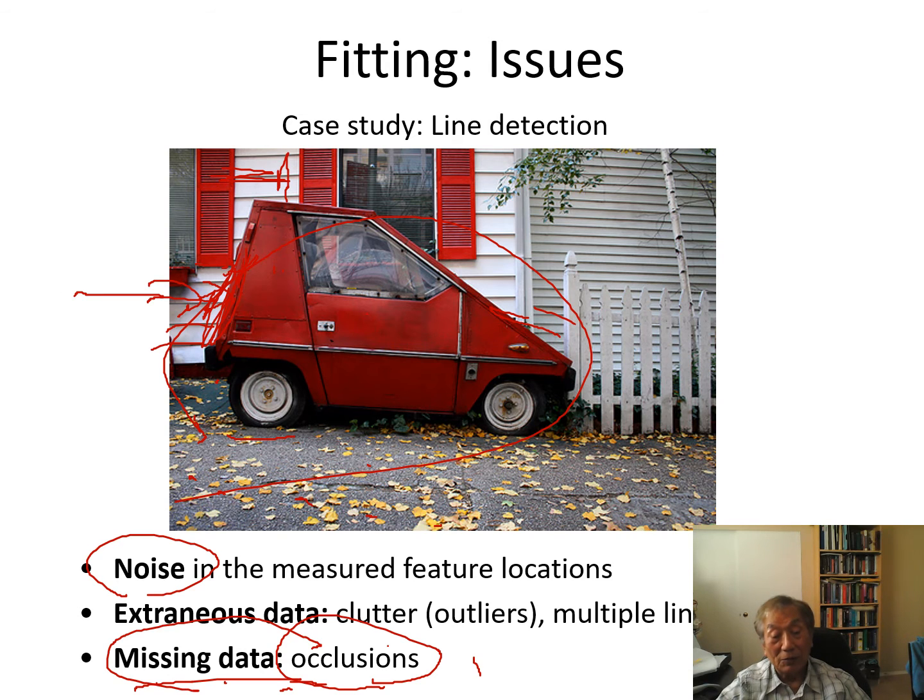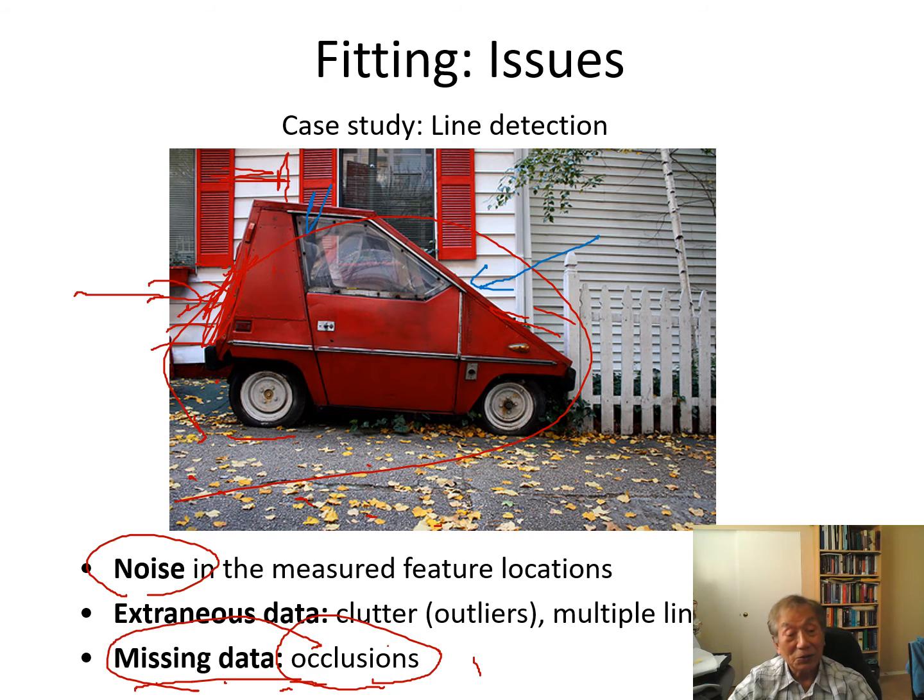Or let me go with a different color. Then how is the other side? Those are parts of a picture that are there but not captured because of the camera angle, or sometimes somebody may be standing in front of a car, so it is partially hidden.